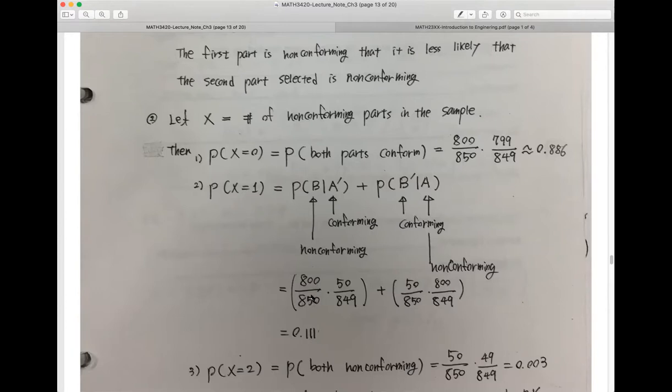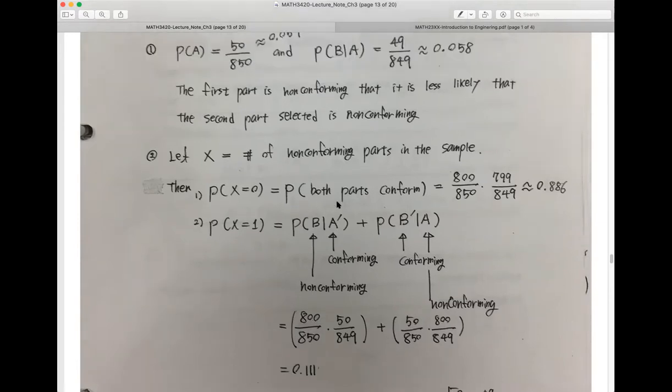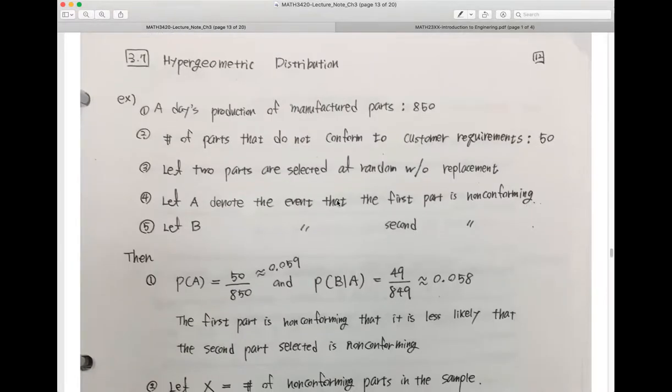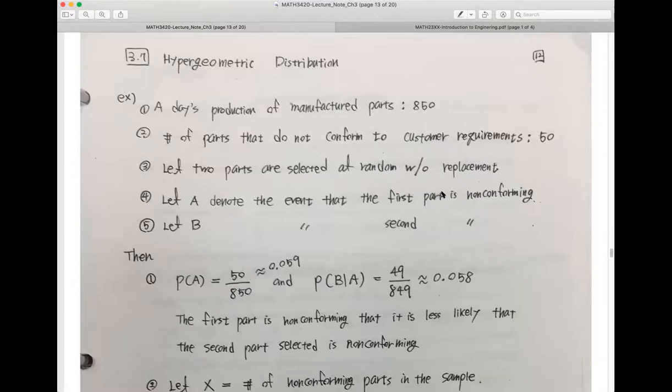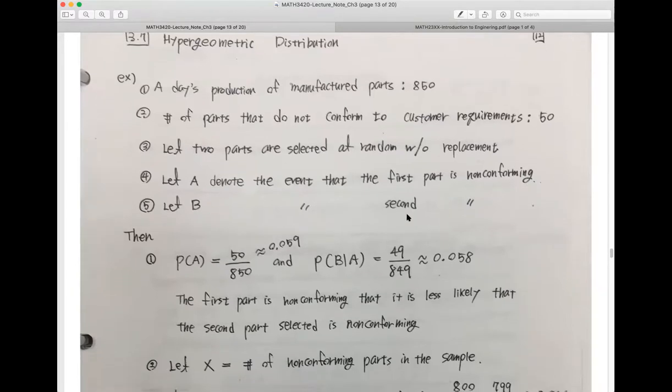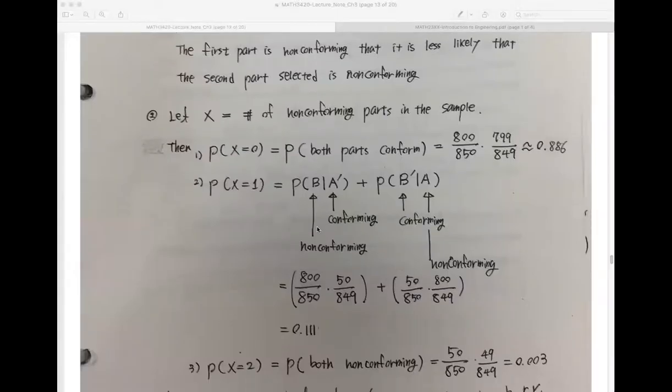So now, I'm sorry, I was confused. Non-conforming, yes. So B is the event that in the second trial we select the non-conforming part, right?